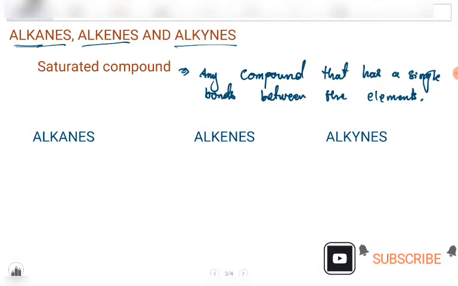Since we said alkane is a family, what's going to be the structure? The structure is going to be an identity, and identity falls under a functional group. So how do you know that this is under the family of alkane?